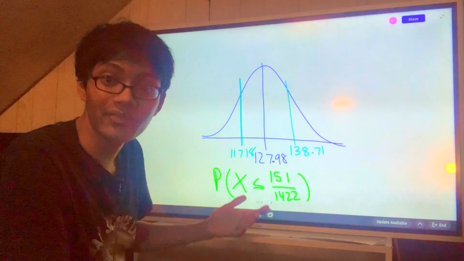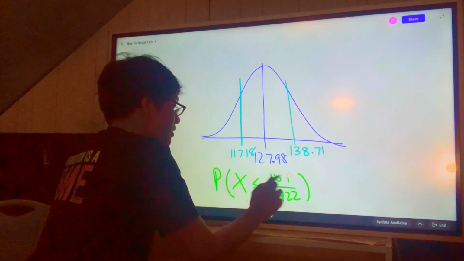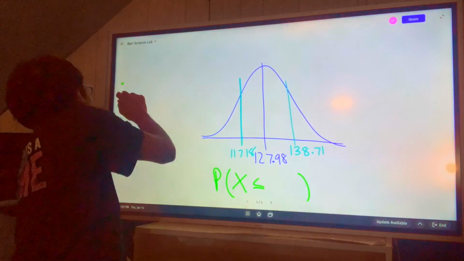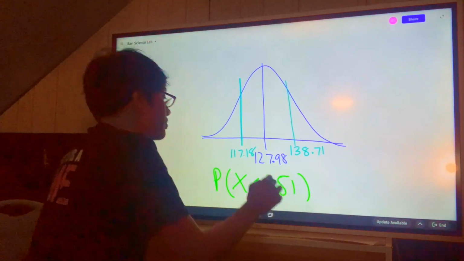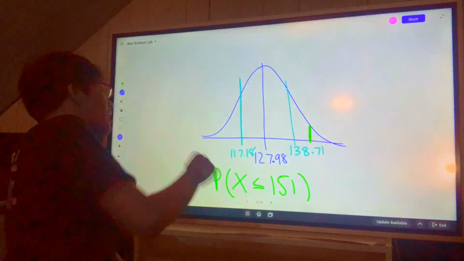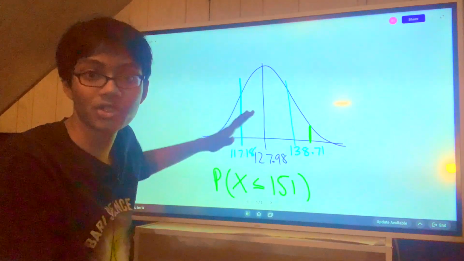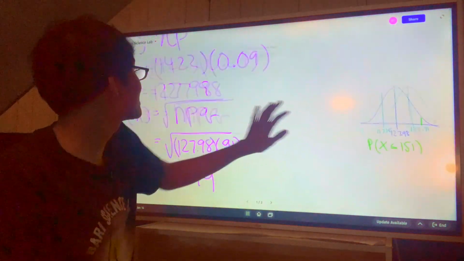Well, we don't even have to do that, right? We can just find where 151 is in this normal distribution. 151, let's just guesstimate it's maybe around here, and we want to find the probability. What does this graph show? Remember, does this show the failures or the successes?